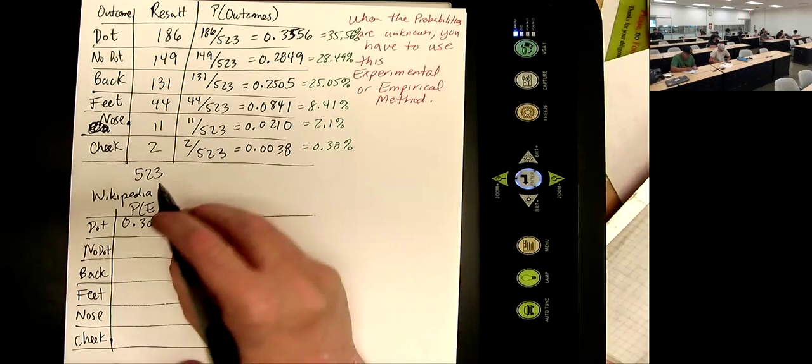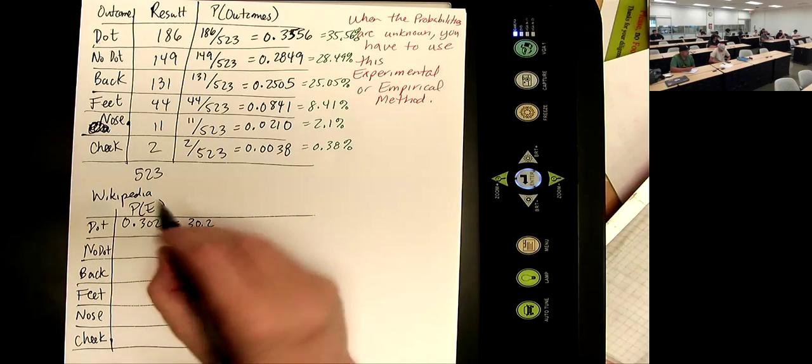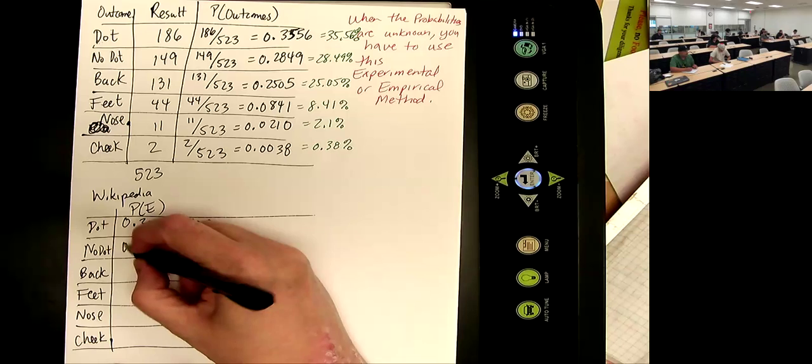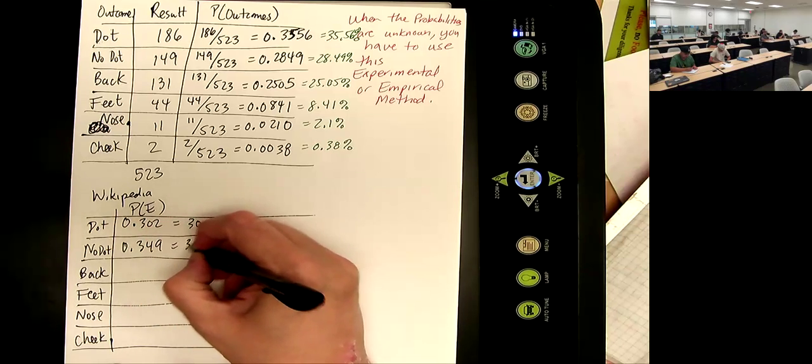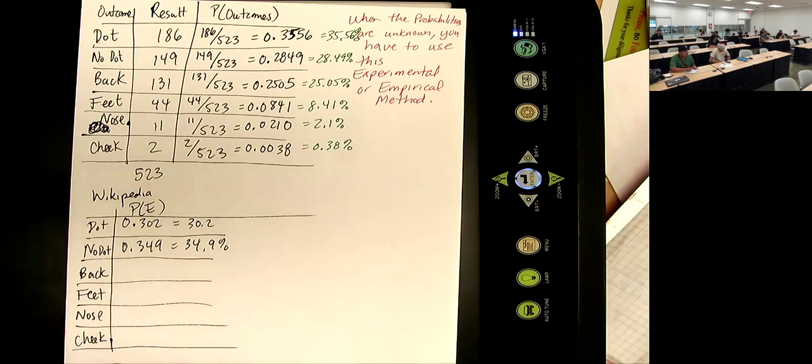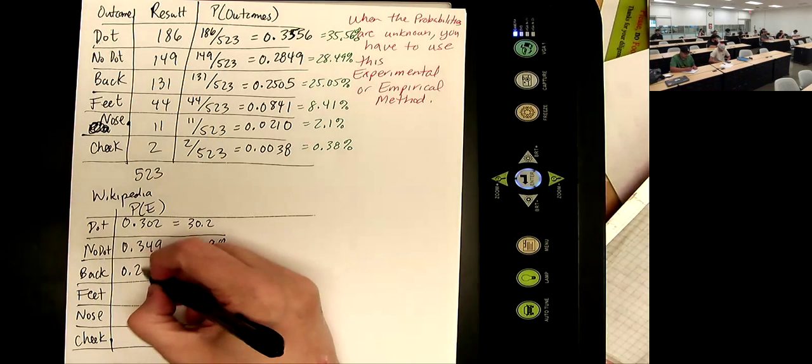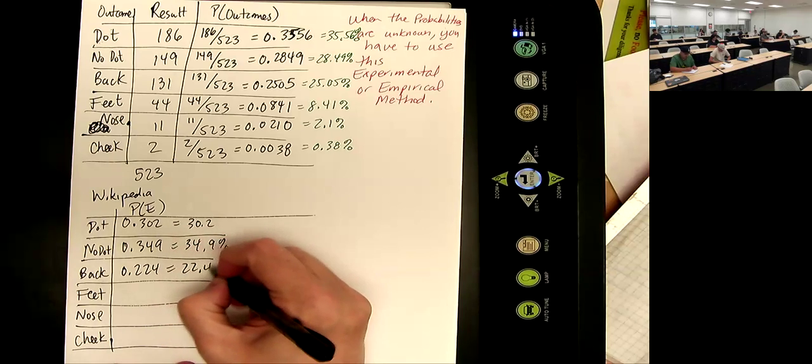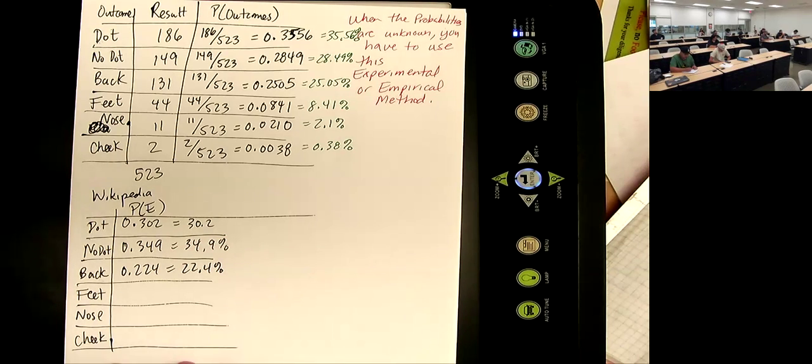No dot, 0.349, or 34.9%. Back is 0.224, or 22.4%.